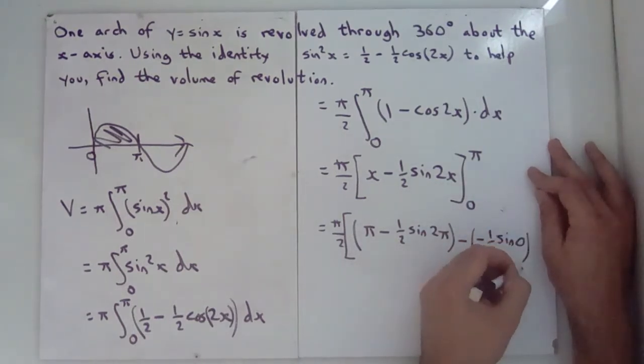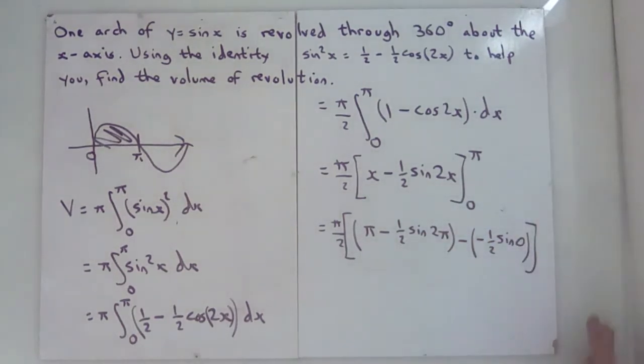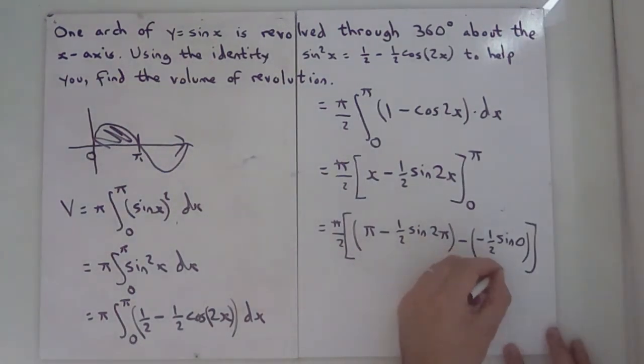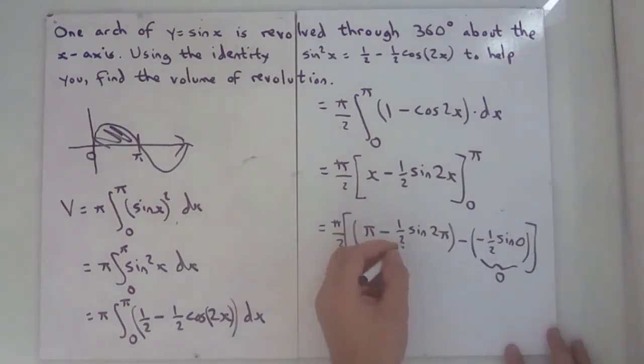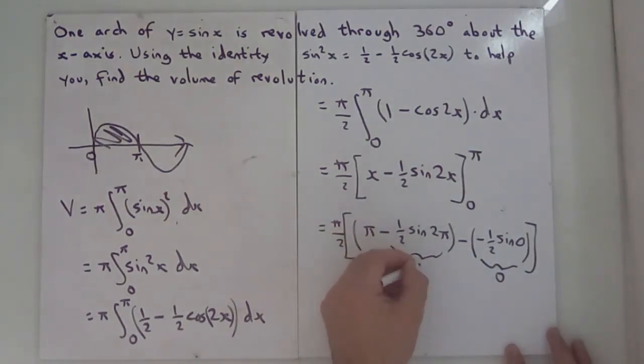So that's quite nice, because sine 0 is 0, so sine 2 pi is also 0 actually. It's quite nice. So sine 0 is 0, sine 2 pi is 0, making this whole term 0.